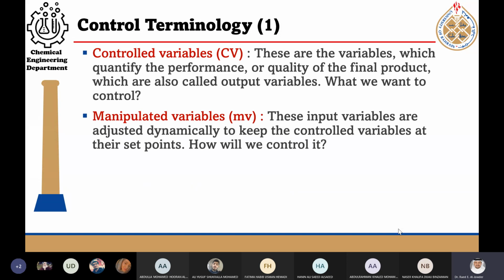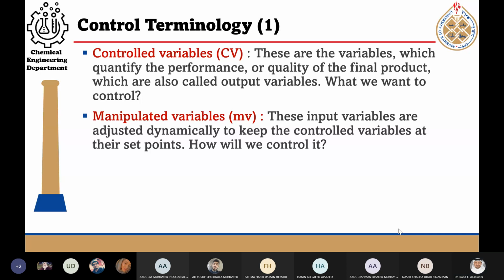The manipulated variable: usually it is very difficult to control the controlled variable directly. For example, the temperature, you cannot control the temperature directly, unlike the flow rate, which can be controlled directly by reducing or increasing the opening of a valve. The temperature should be controlled using other variables, and those are the manipulated variables, the variables that I change in order to achieve a change in the controlled variables.